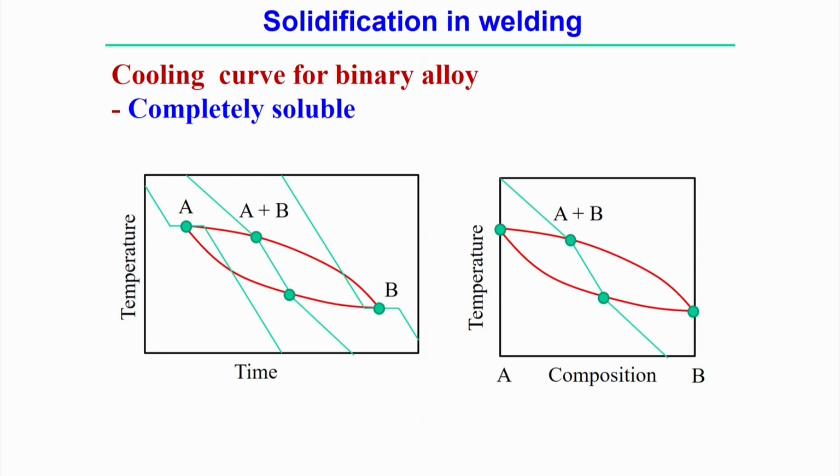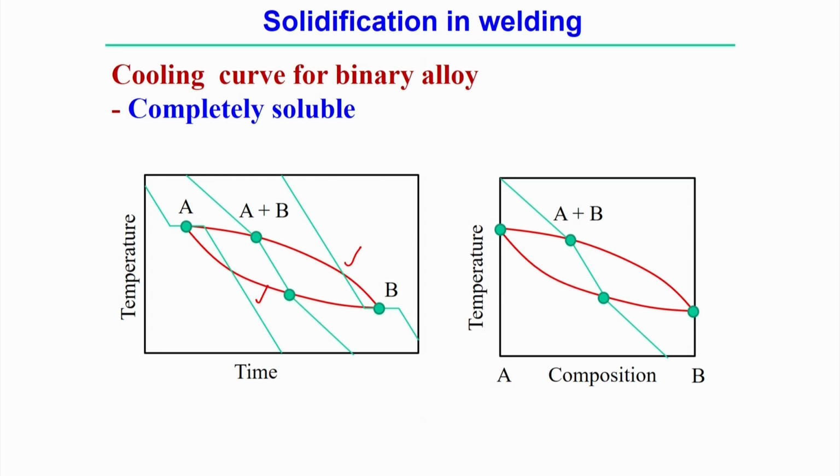If we plot temperature versus time, we can draw these two curves. The convex part is the liquidus temperature, and the concave part is the solidus temperature. Within this, there is a change of phase, starting from the liquid phase and then coming to the solid phase.